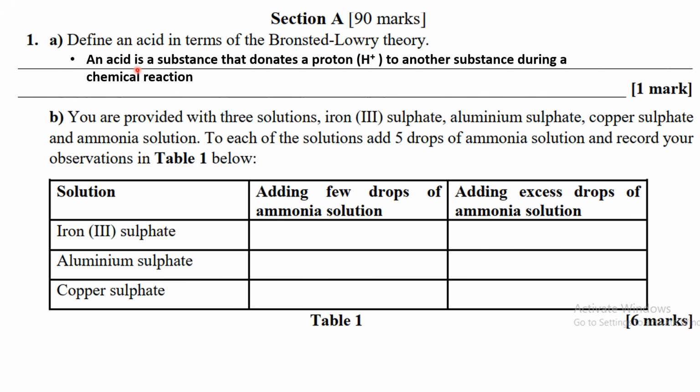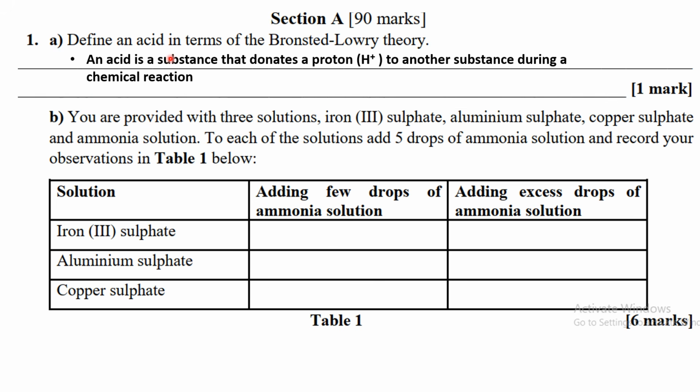What is an acid? It's a substance that donates, that gives a proton, which is hydrogen ion, written as H with a plus on top, to another substance during a chemical reaction.